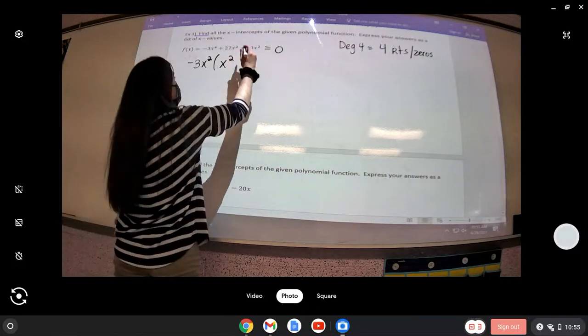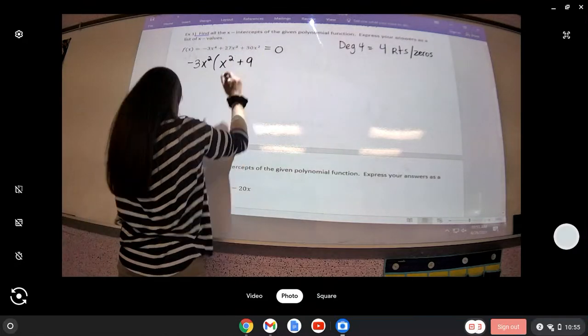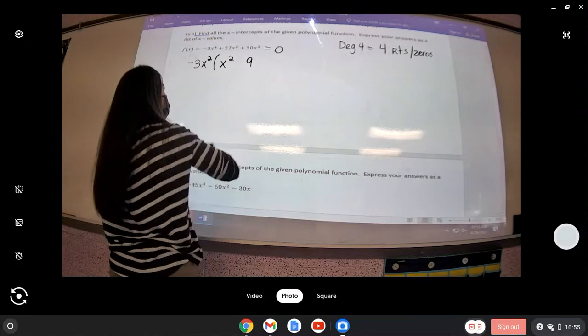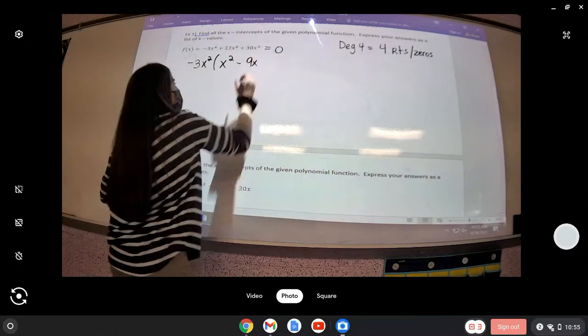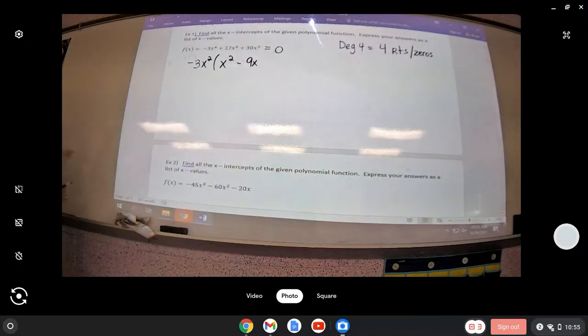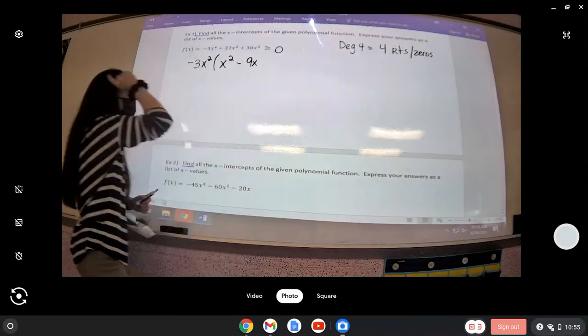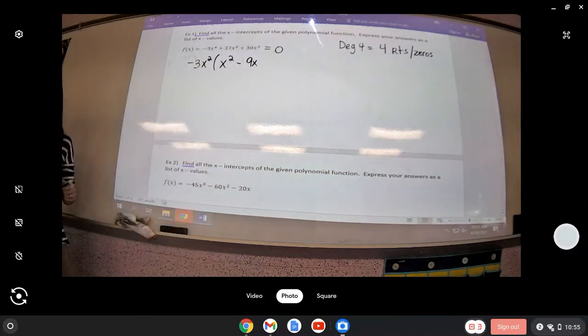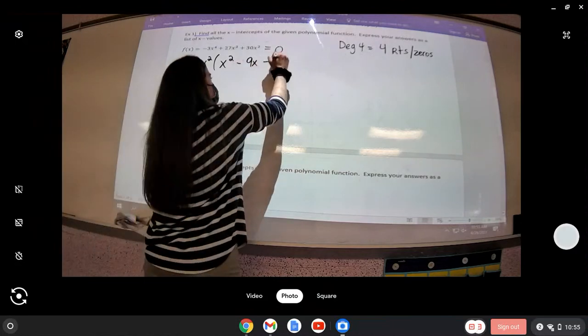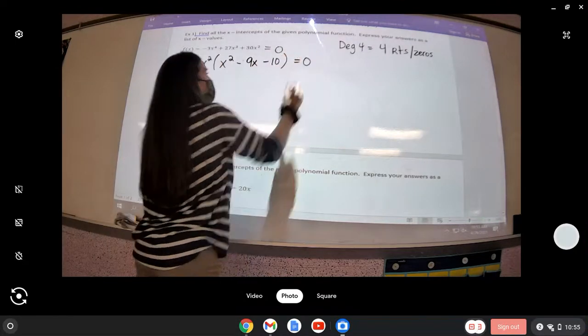That would be a positive 9, I'm sorry, negative 9x. And then a negative 3x squared times what gets you back to a positive 30x squared? A minus 10. Beautiful. Okay.